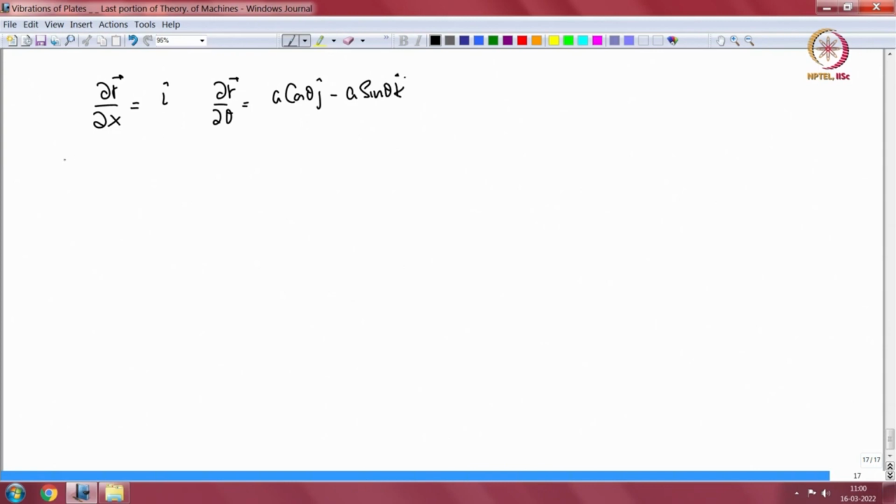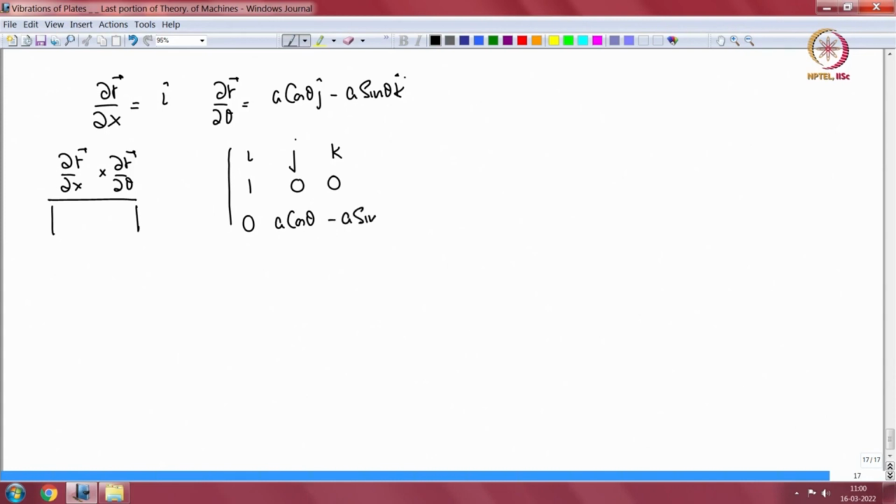So I need to do del r by del x crossed with del r by del theta and divide by the magnitude of that. So let's do the cross product: i, j, k, then 1, 0, 0, 0, a cos theta, minus a sin theta.